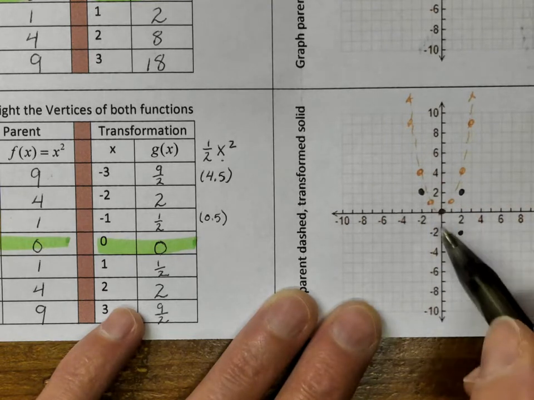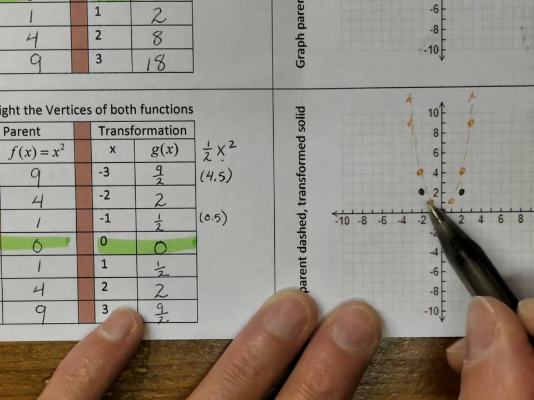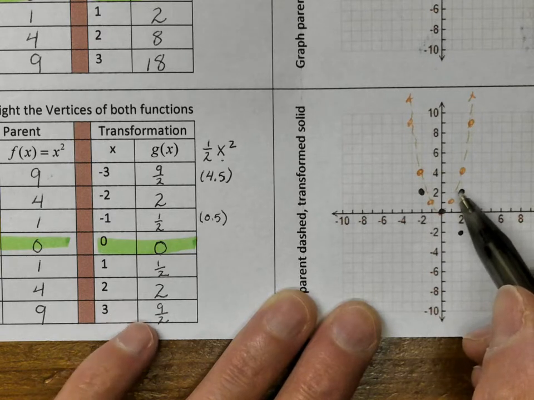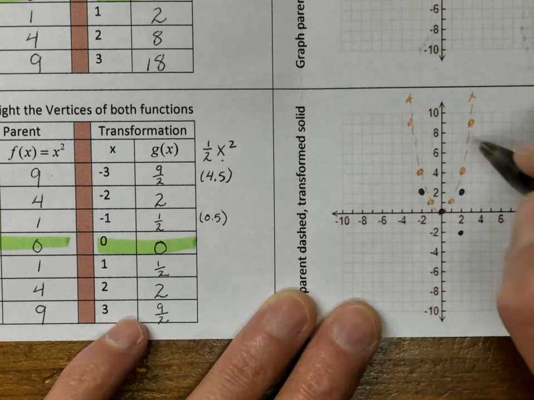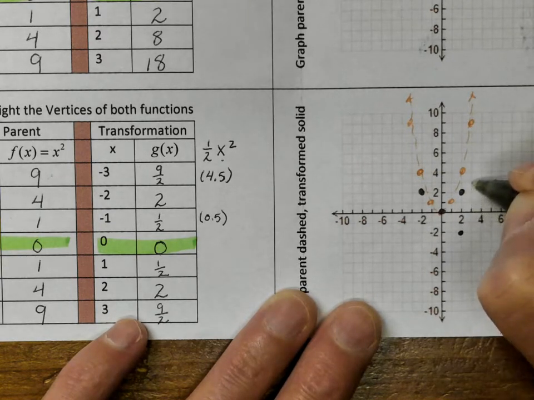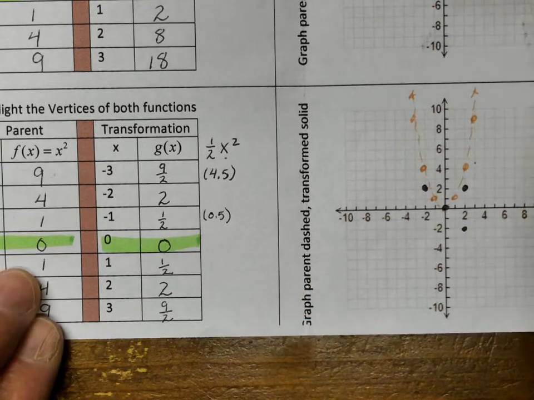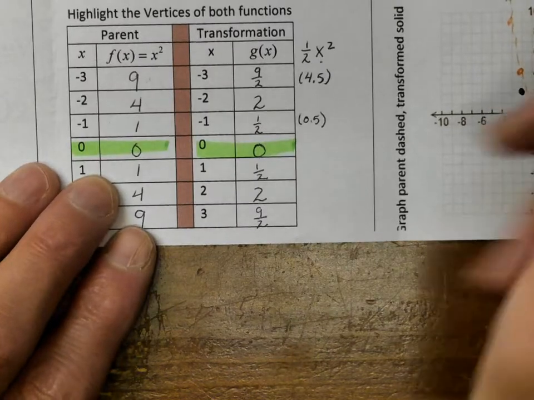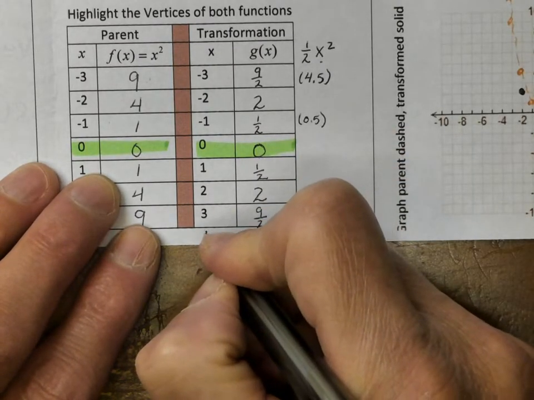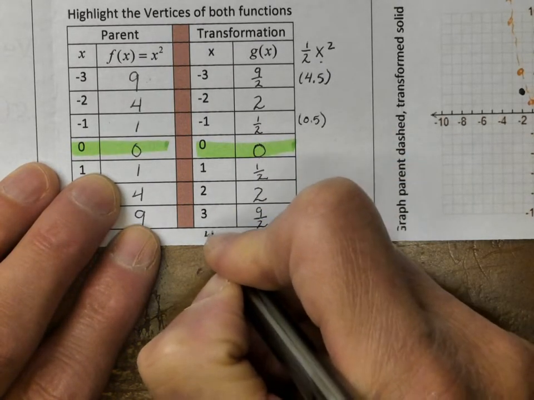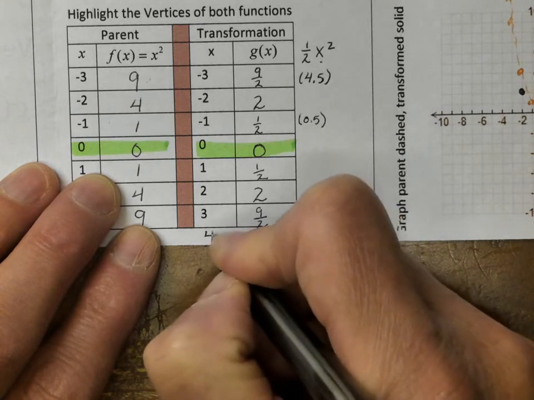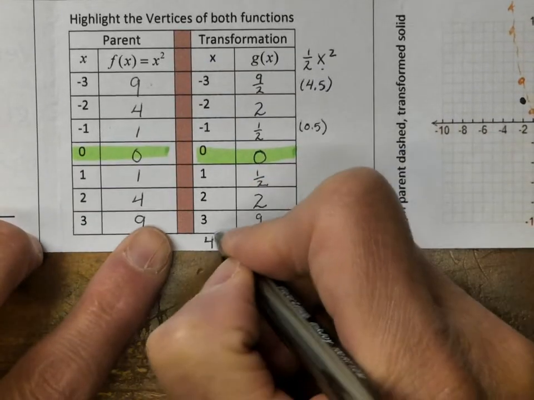It's easy to do. So you can see right now it's getting fatter, right? And if I were to go to 3, that would be 4/2, which is about here, but I'm not going to plot it. What I am going to do is, let's go to the next one here, which would be 4. Sorry, I'm not thinking.